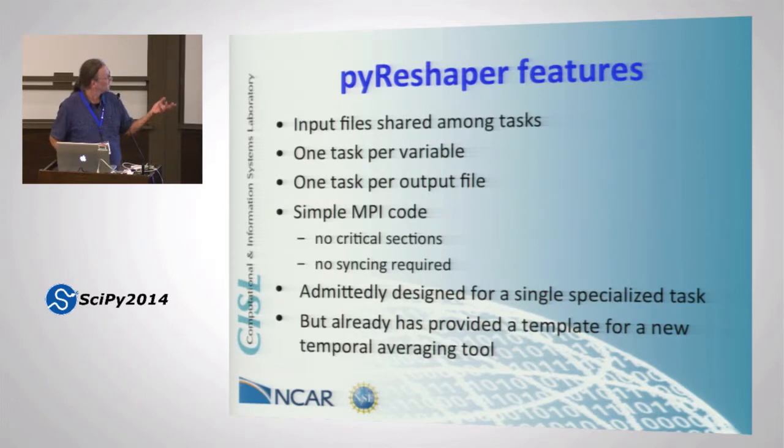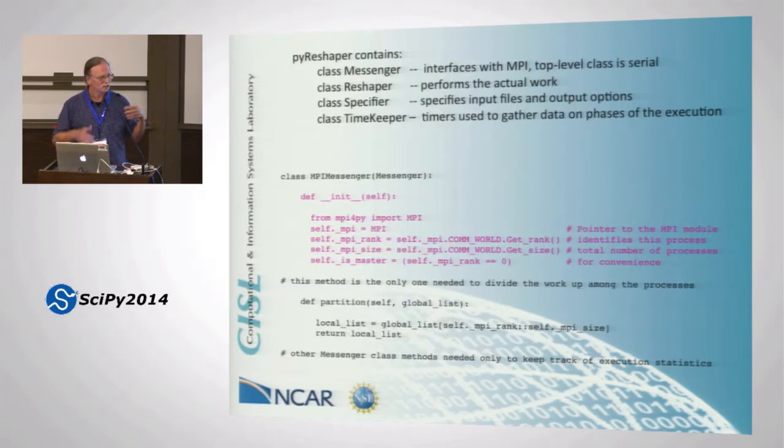Now I promised in my abstract that I'd go through the code a little bit, so I'll do that here. This is as it's been developed. This is not the original code, and it's also simplified. Basically, it's been developed into 4 different Python classes.